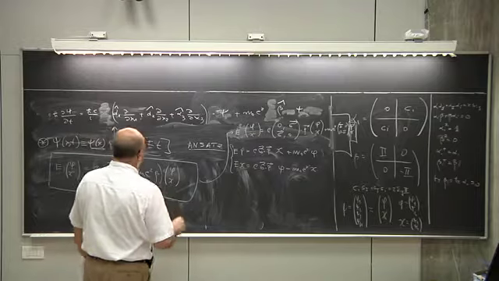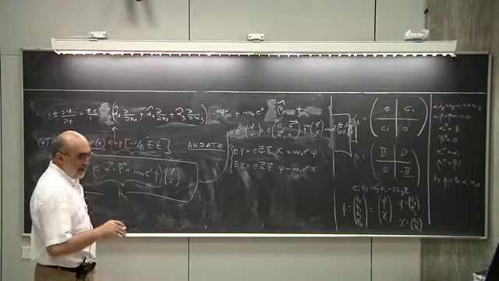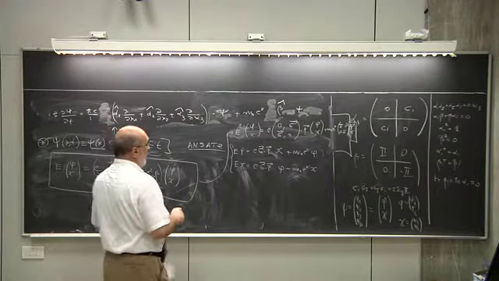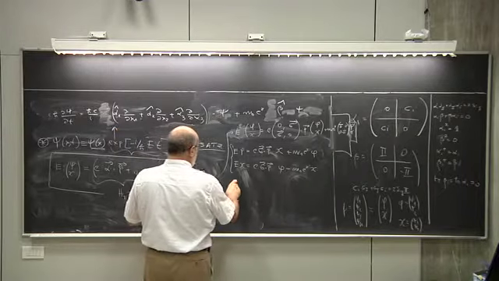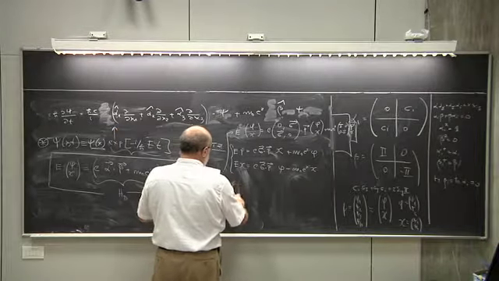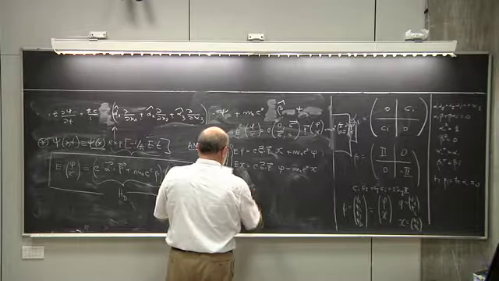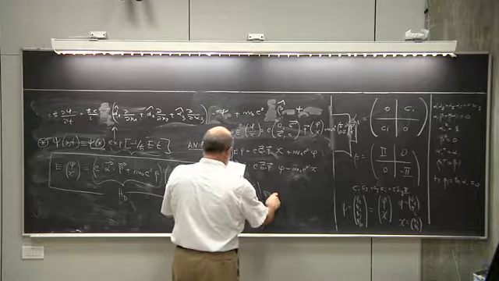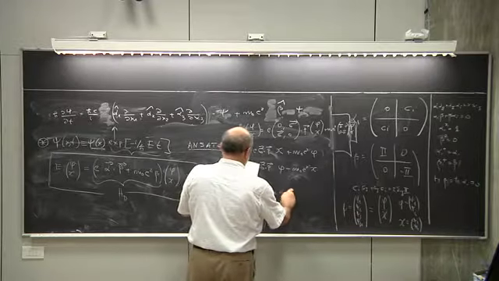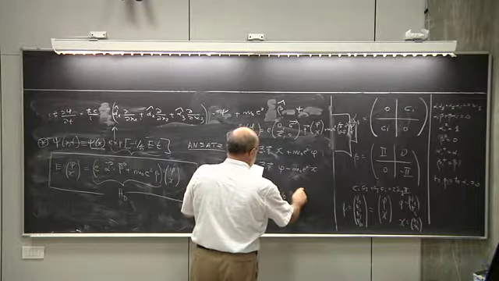Now let's do a further simplification like we did for the free particle in the Schrödinger case. We choose phi and chi to be of the following form, to be eigenstates of the momentum. Let's fix the momentum, exponential iP times x.